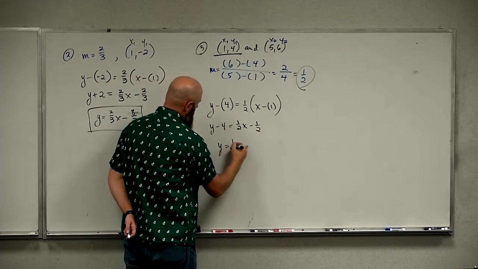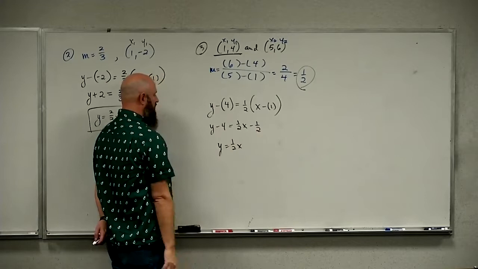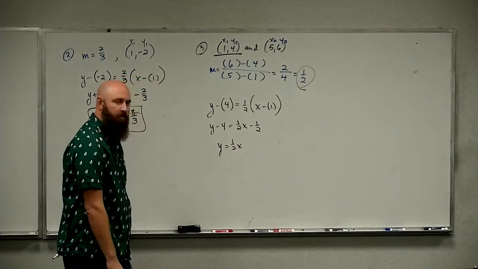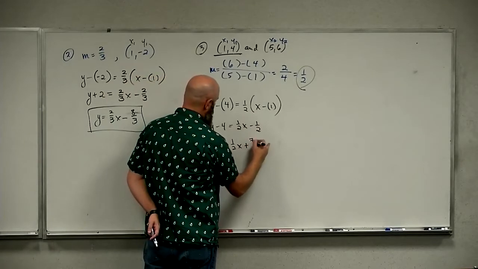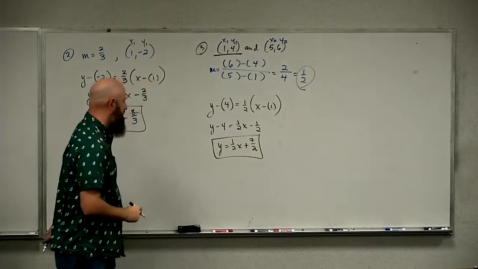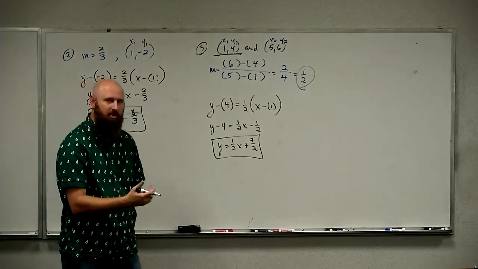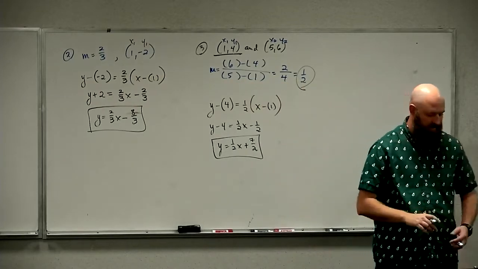So y equals 1/2 x, so negative 1/2 plus 4. Well, 4, that is 8 over 2. So negative 1 plus 8 is a positive 7 over 2 for that one. Okay, and again, it's just a fraction. So if you have some struggles with those fractions, come and see me.